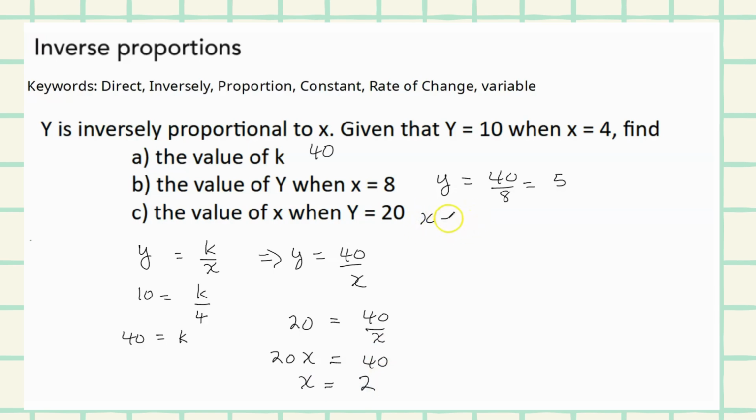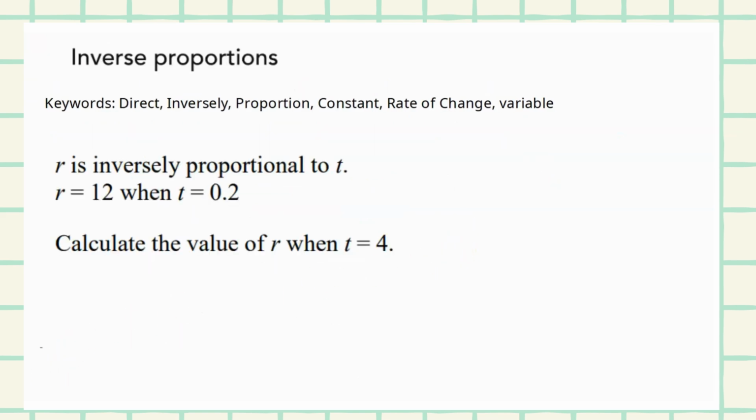X equals 2. Let us look at another question. Here R is inversely proportional to T, so we can write R equals k over T. So first we're going to find k. So R is 12 and T is 0.2. So we input 12 there in the equation. So we have k over the value T, which is 0.2.